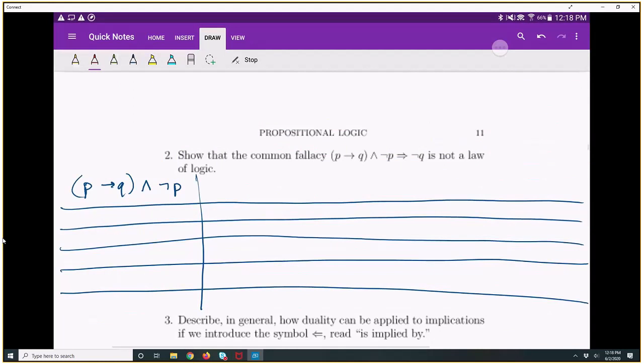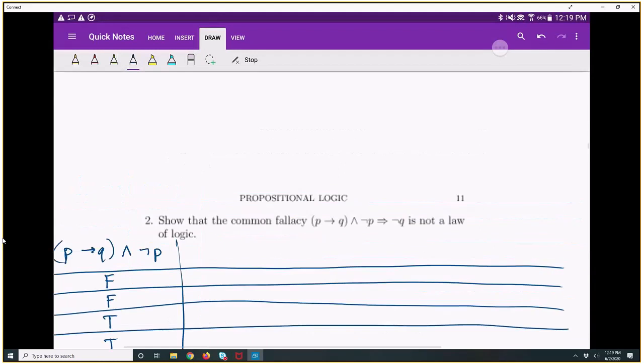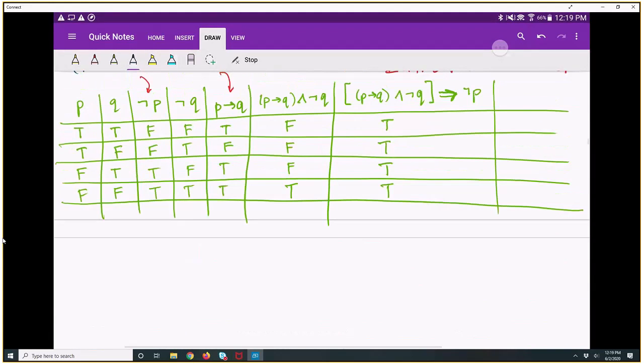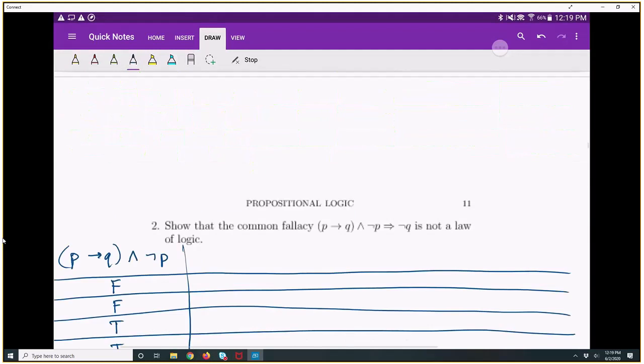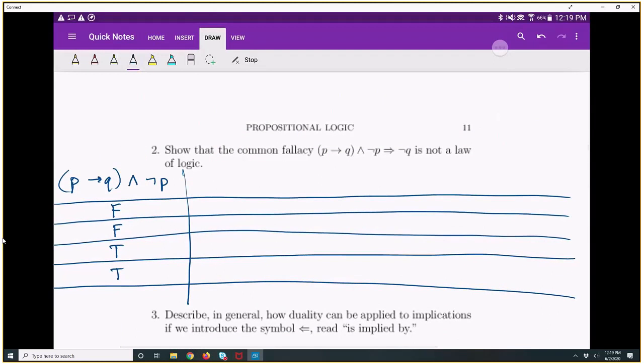So that was true and false, false, false and false, false, true and true, true, true and true. Okay? And then I want to see P implies Q and not P, and let's do implies not Q.